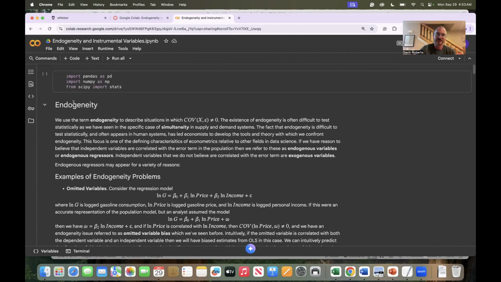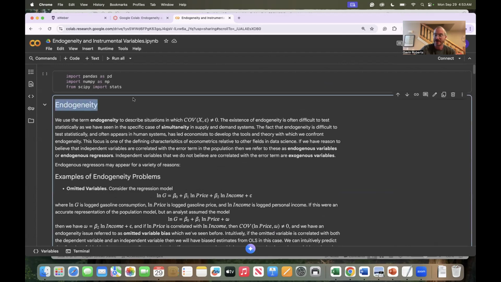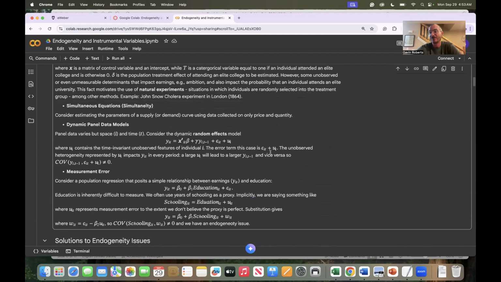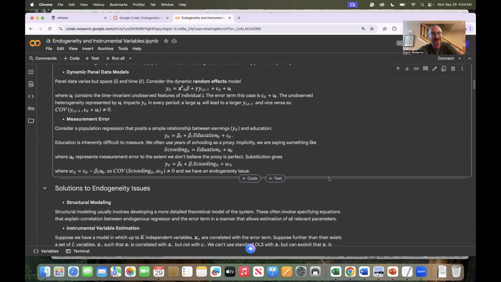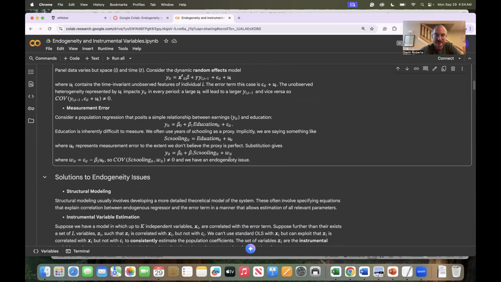The upshot of all this is there are a bunch of different reasons endogeneity could occur, or we could have a theoretical reason that this is happening. Now, in every single one of these, if you ran OLS and then asked what the covariance is between X and e, the sample errors, you basically get super close to zero every time. The only difference from zero would be rounding errors. And so, again, this is not really testable.